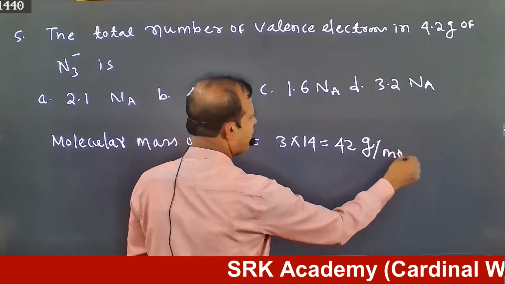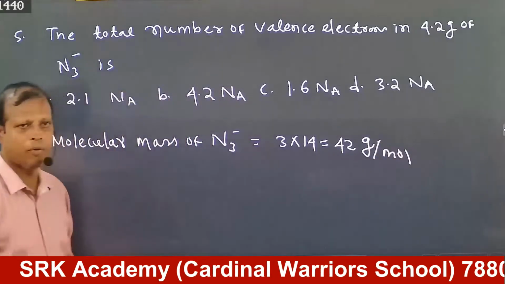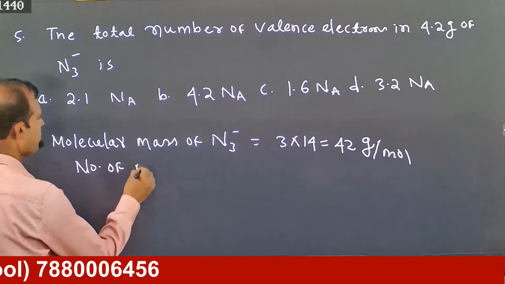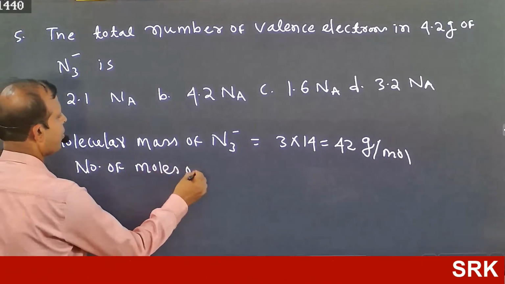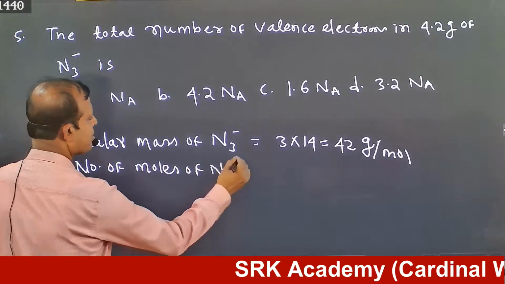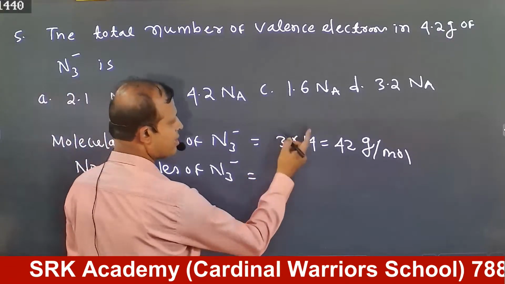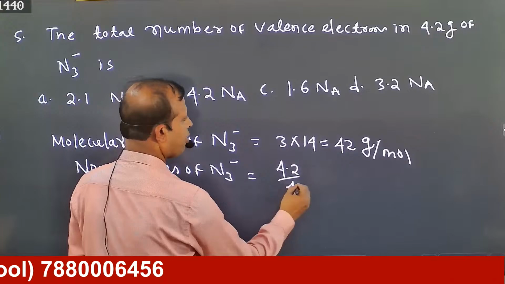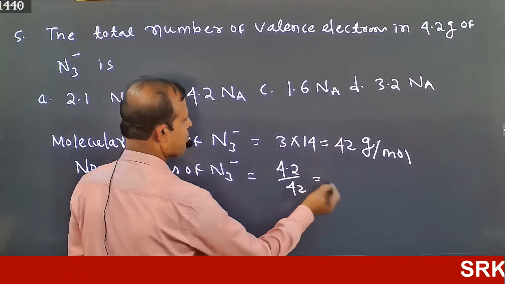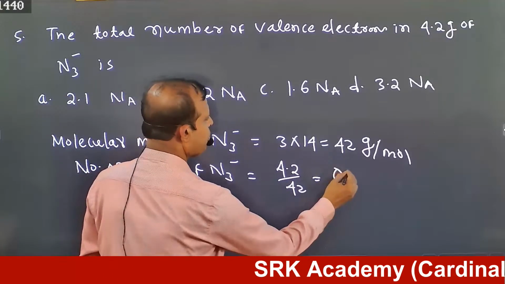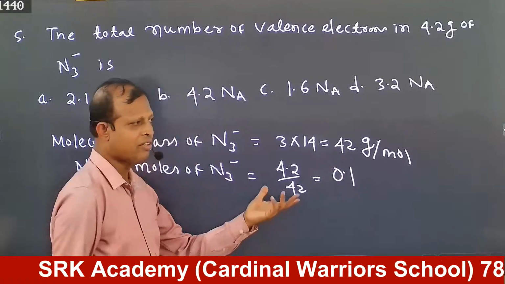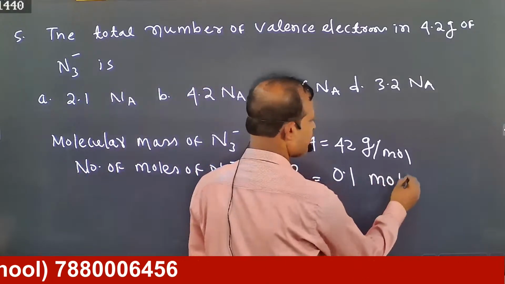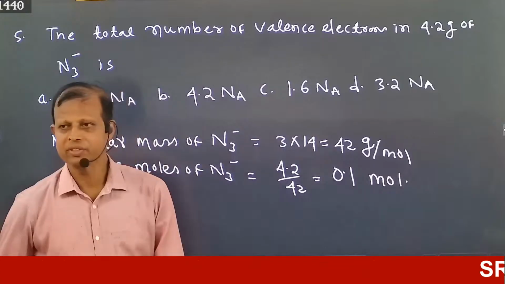Agreed? So number of moles of N3 minus is equal to the given mass, 4.2 upon 42, so 0.1 mole. Yes or no?